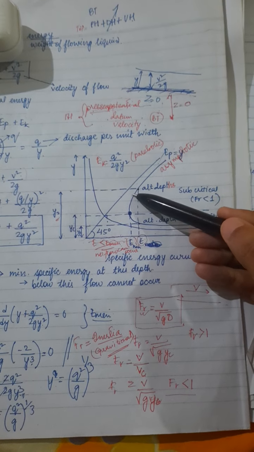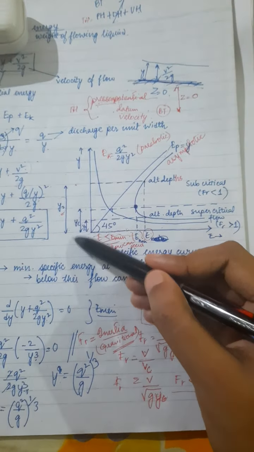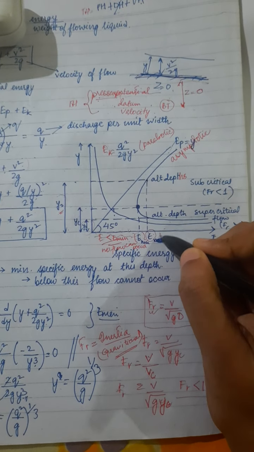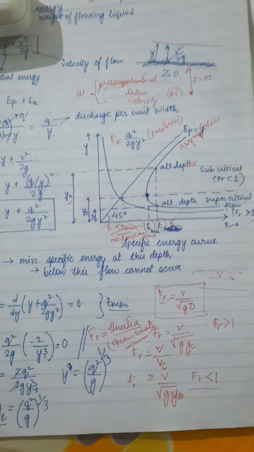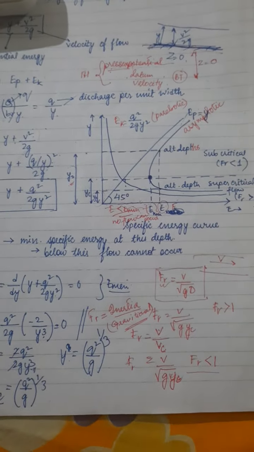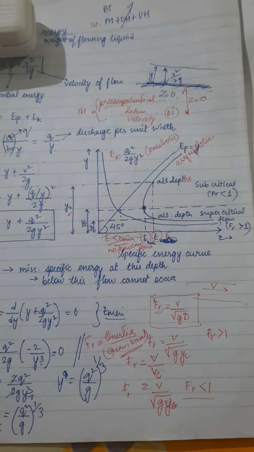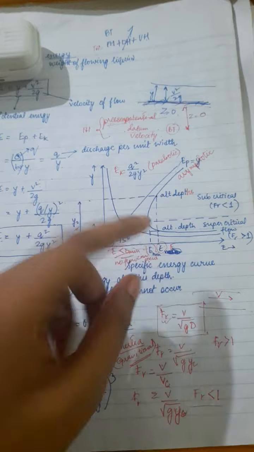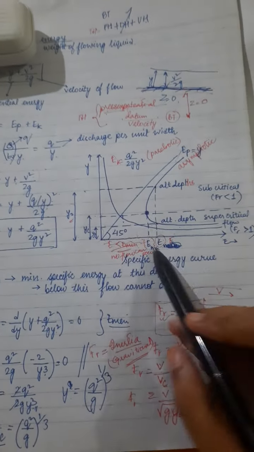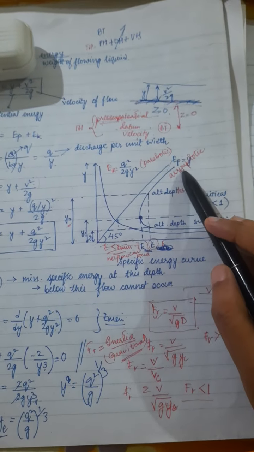In subcritical flow where Fr is less than 1, it is Y2. If you consider any energy, you will always get these alternate depths. One is for subcritical flow and the other is for supercritical flow. Supercritical flow is always below this minimum. Supercritical flow will come from here and subcritical will start from here.